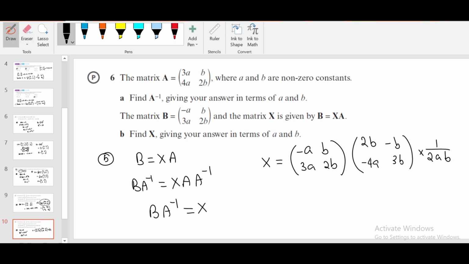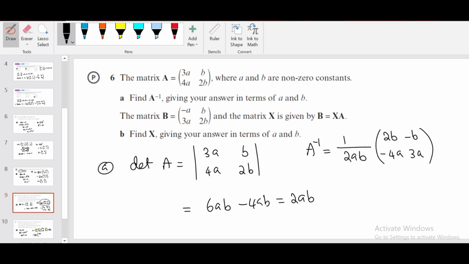So now how do we multiply two matrices? First you keep this outside. You take the first row, multiply by the first column. You will get minus 2ab minus 4ab is minus 6ab. And then first row by the second column, you'll get ab plus 3a.